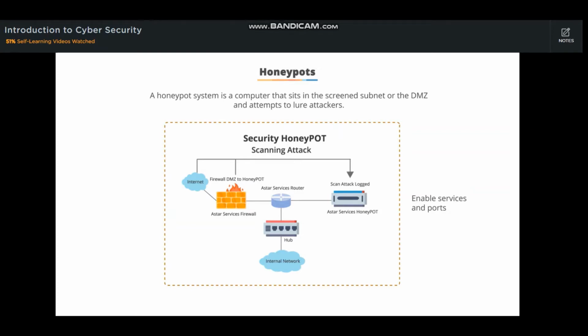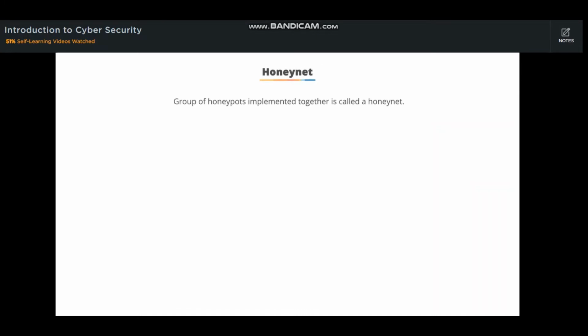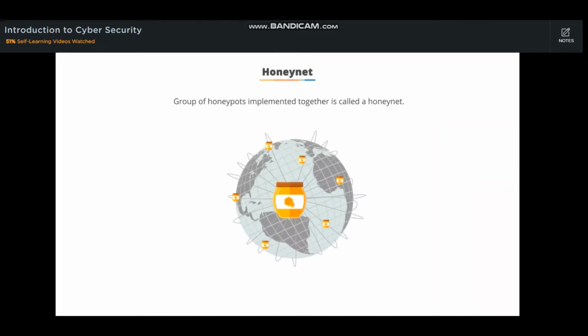Some honeypot systems have services emulated, meaning that the actual service is not running, but software acts like those services are available. Honeypots can get an attacker's attention by advertising themselves as easy targets for compromise. A honey net is simply a group of honeypots implemented together to create the honey net.